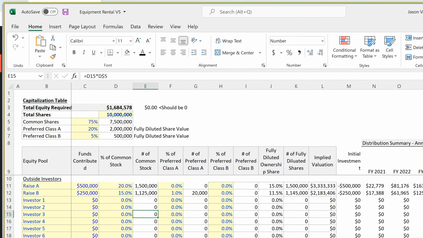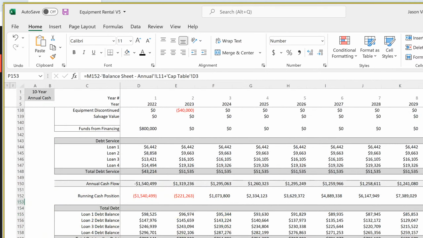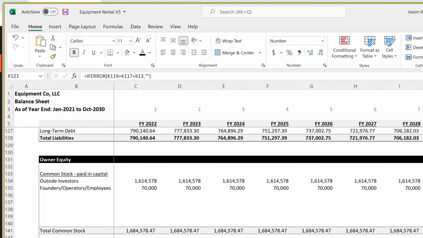It's 1.6. It's the same. This minus balance sheet L11. How is that a 16 million difference? Doesn't make sense.